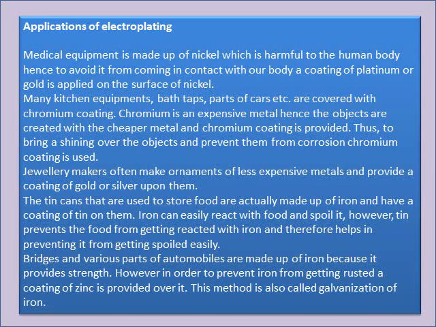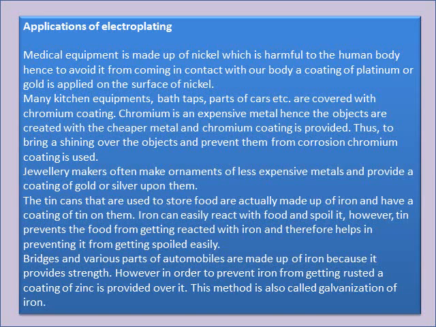The tin cans that are used to store food are actually made of iron and hence a coating of tin is made on them. Iron can easily react with food and spoil it. However, tin prevents the food from getting reacted with iron and therefore helps in preventing it from getting spoiled easily.